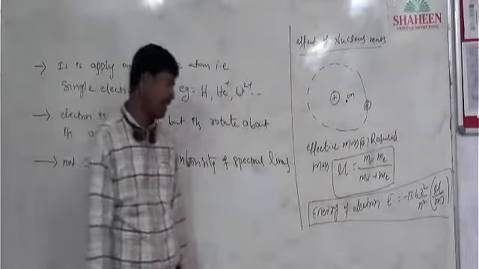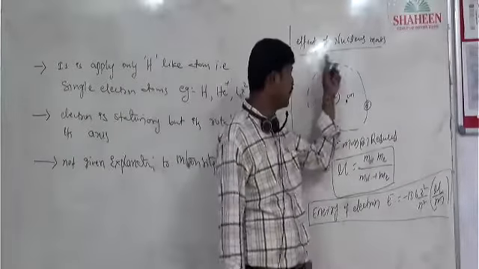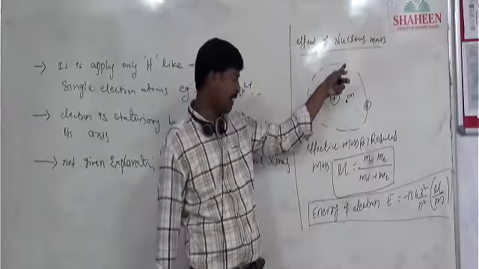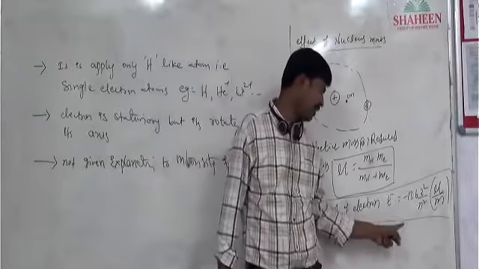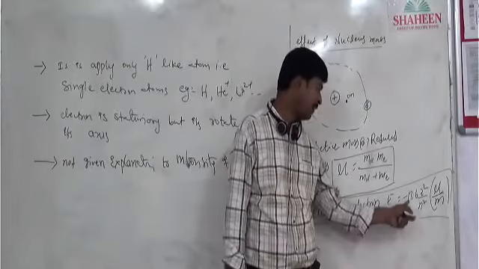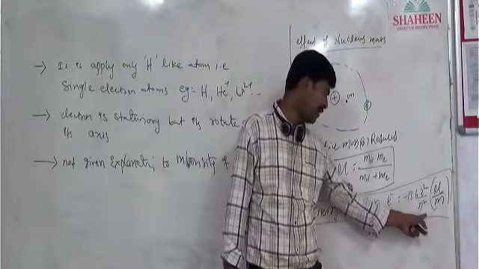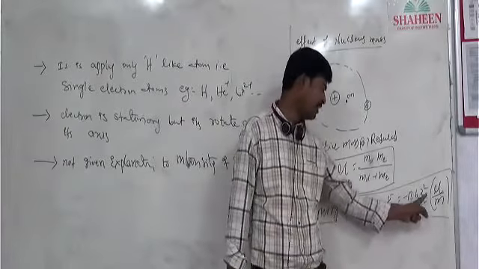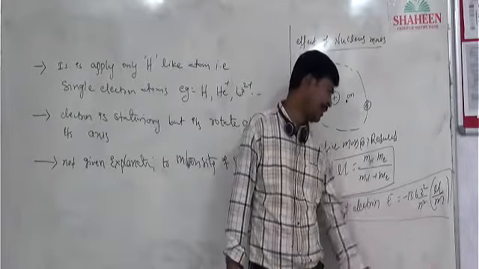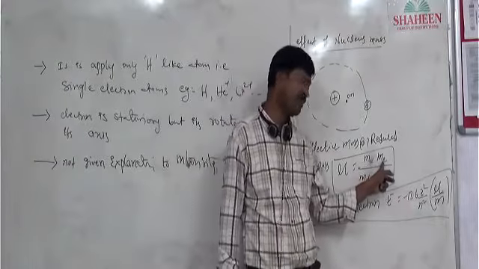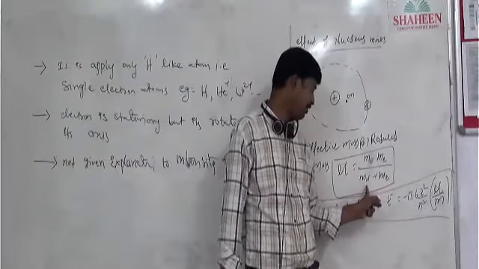So this is the final expression: even if you take into consideration the effect of nucleus mass, the energy of the electron in any particular orbit of any atom will be minus 13.6 Z square by N square into mu by M electron volt, where mu is the reduced mass, that is mass of nucleus into mass of electron by mass of nucleus plus mass of electron.